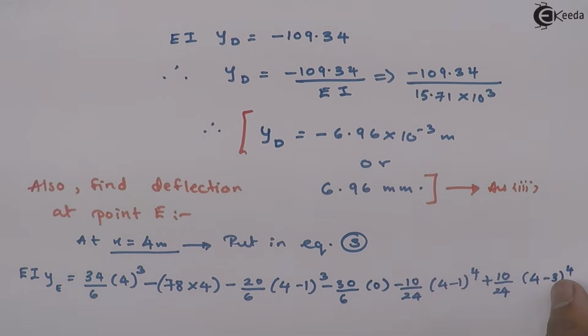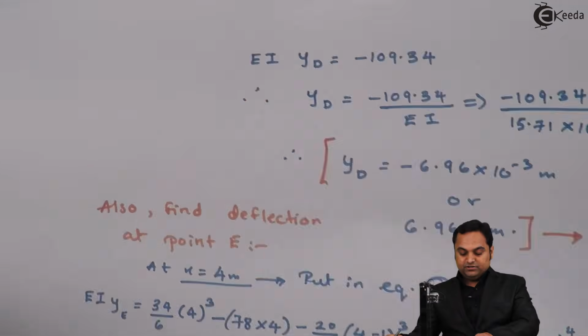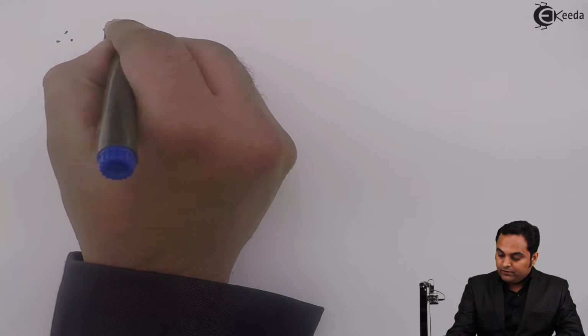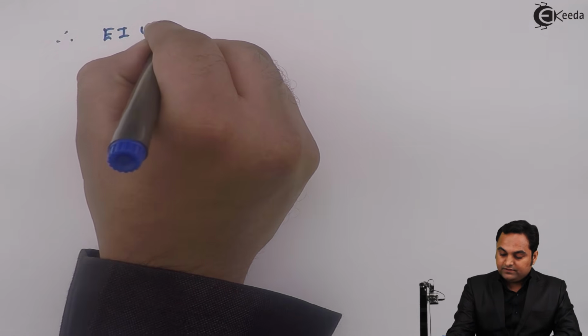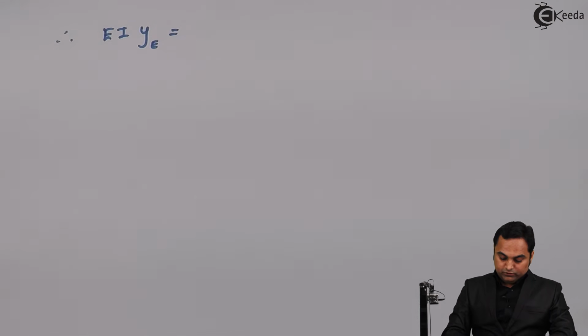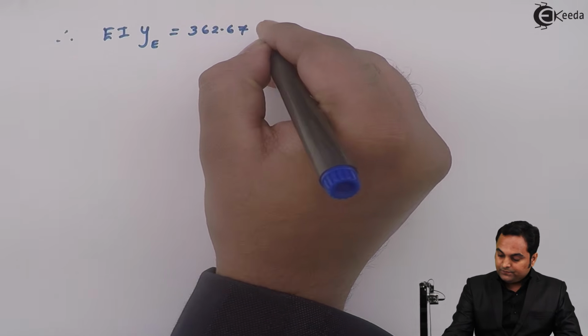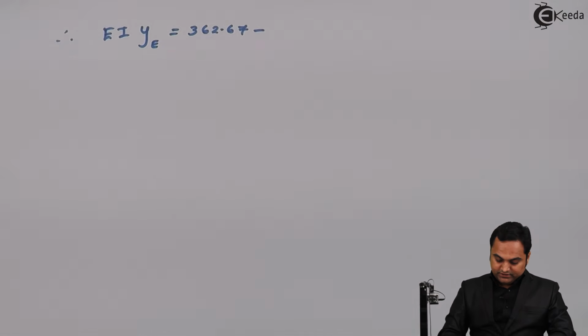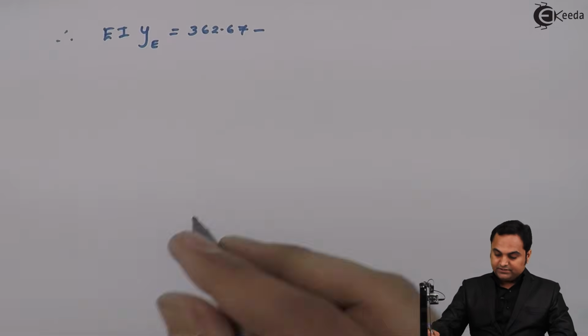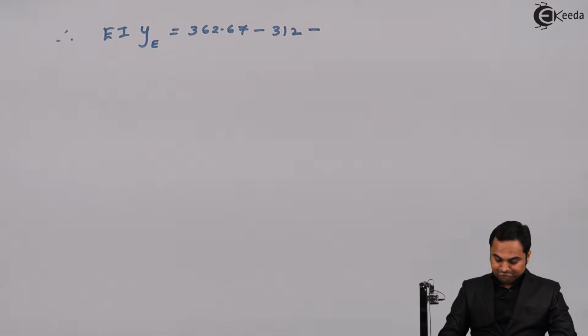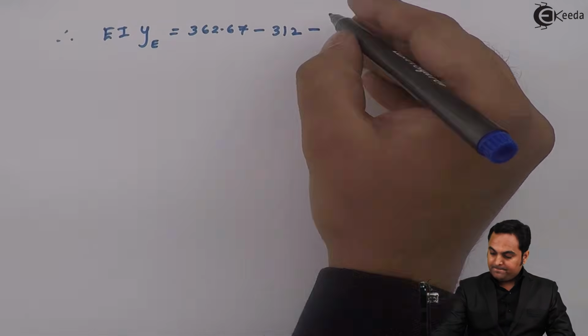So now I am going to write these terms in a more simplified manner. So therefore EI into y suffix E, that is equal to 4 cube into 34 divided by 6, that is 362.67, minus 78 into 4, that is the next term, 312, then minus the remaining part.